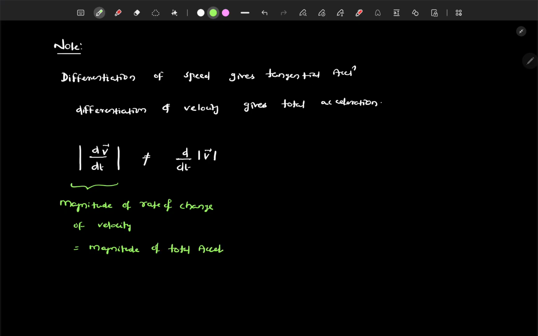Very good. And the other term, d by dt of v vector mod, what is it showing? It shows our rate of change of speed. The acceleration for rate of change of speed is called tangential acceleration. I hope it is clear to all of you.